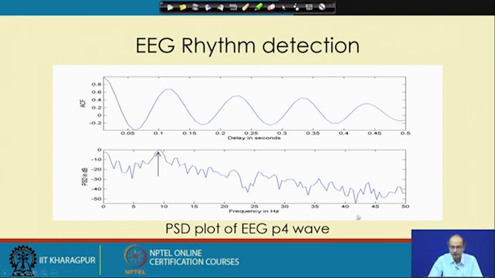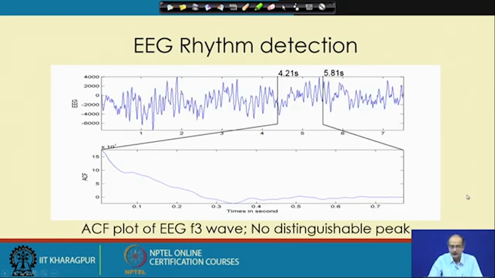Next example: again we suspect that an alpha wave is present between 4.21 second to 5.81 second, and then we take the autocorrelation coefficient of this part. One signal is only this part, another is the full F3 wave.